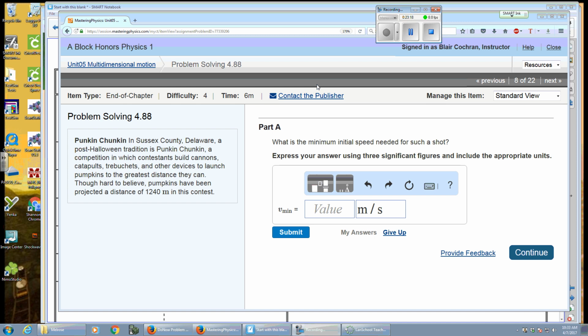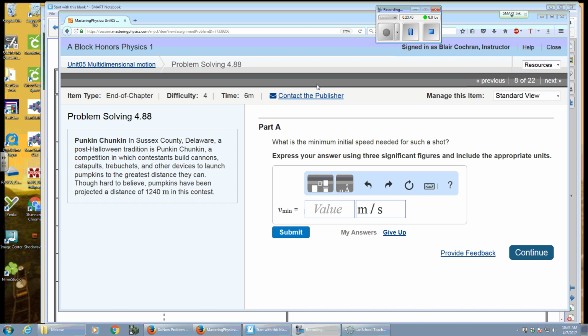All right. So the pumpkins are going to be projectiles, and everyone remember what angle should we launch at if we want the longest range possible? 45 degrees.